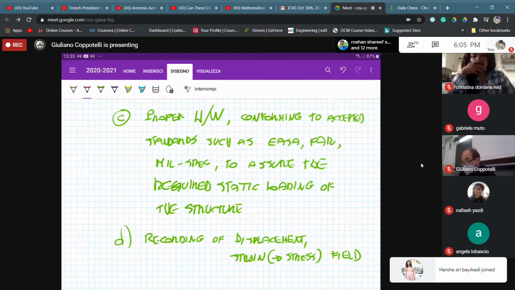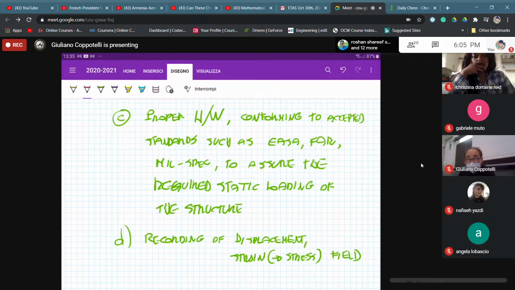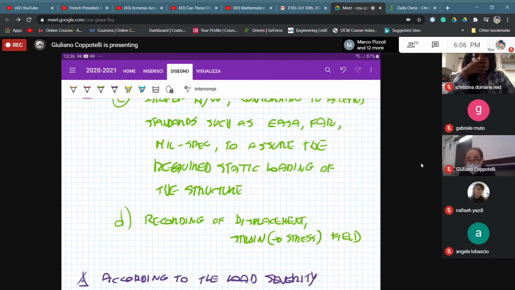For example, for displacement, we discussed a little bit about potentiometers, about capacitive displacement sensors, PCT also sometimes, then the strain gauges, and then how we can use the strain. We have also the load cells, so stresses also, but we can have the information of stress from the strain. So you have, let's say, a set of transducers that are generally used when doing static tests.